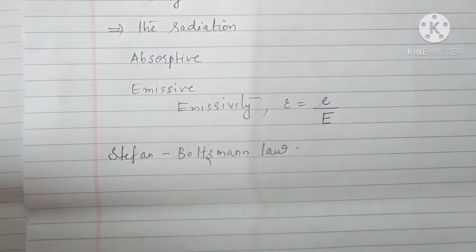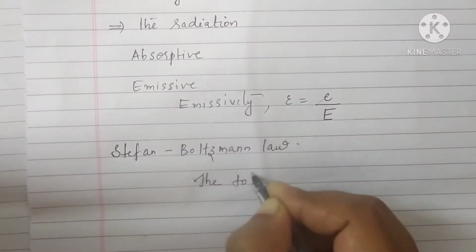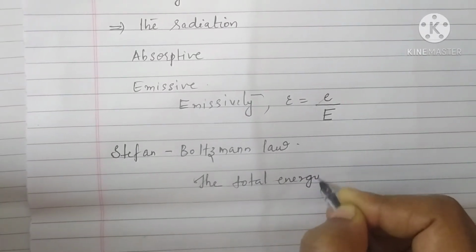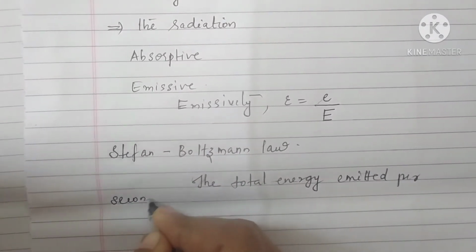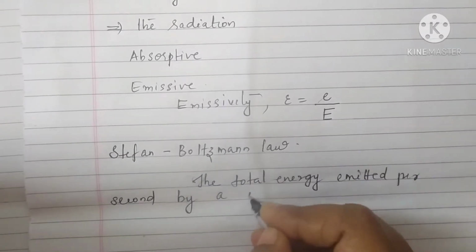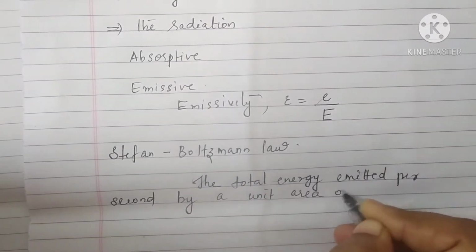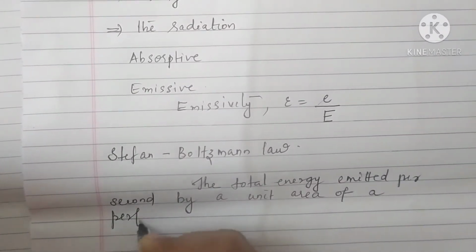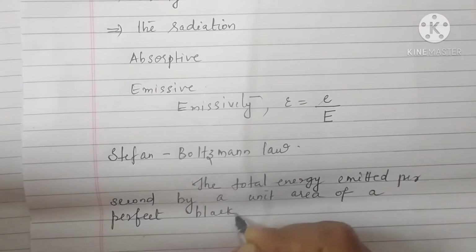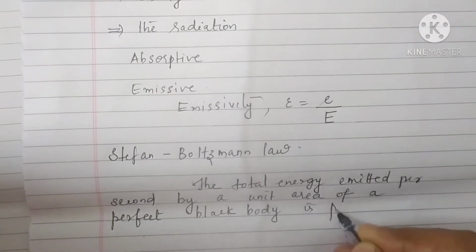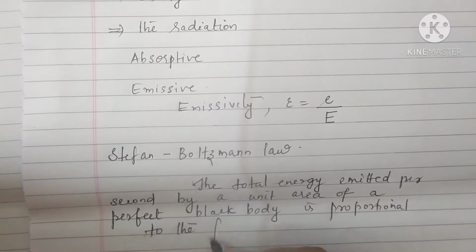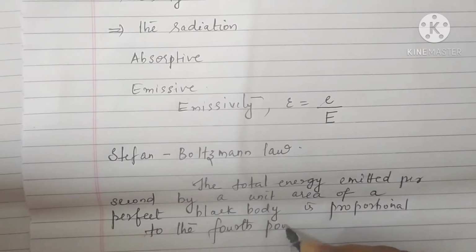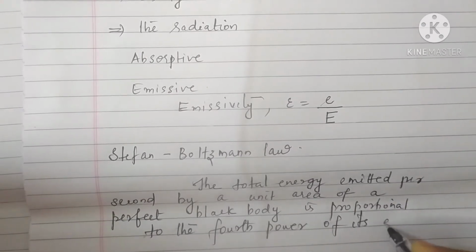This law states that the total energy emitted per second by a unit area of a perfect black body is proportional to the fourth power of its absolute temperature.